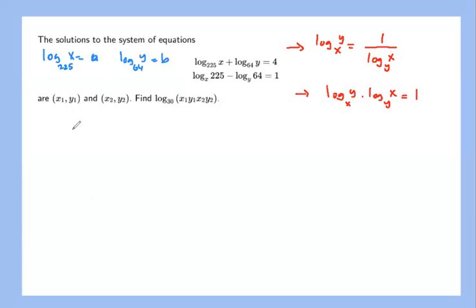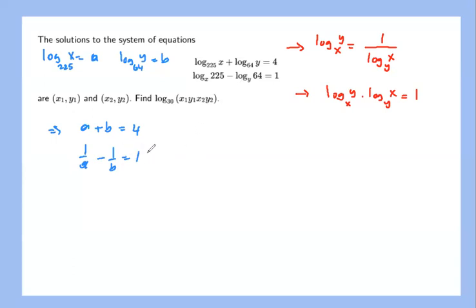The first equation now is going to be a plus b equals 4. And the second equation, again, is just the reciprocal of this one. So if this guy is equal to 8, then this has to be 1 over a. So that should be 1 over a minus 1 over b, and this is equal to 1.